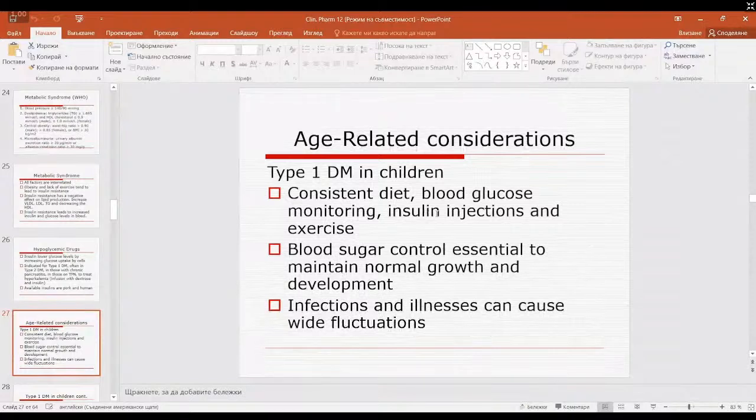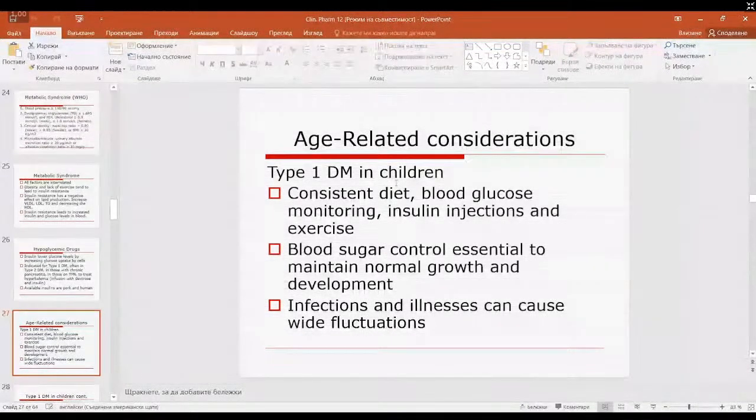Age-related considerations in children, you need to keep in mind that you need to have a very good communication with your patient because they sometimes do not accept the fact that they're sick, which is absolutely normal.